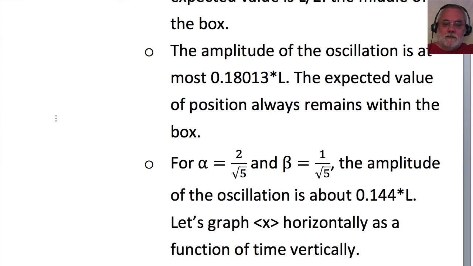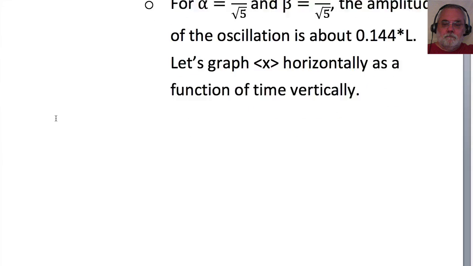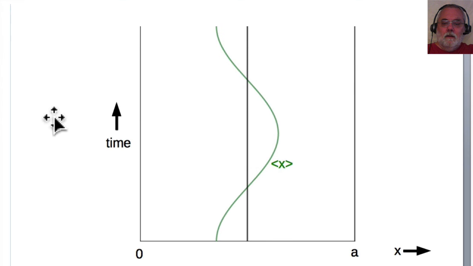Let's graph that as a function of time. So here's the box 0 to L, which is A in this graph. Here the vertical axis is time, and here what we're graphing is expectation value of x, which is a function of time. In fact, it's a periodic cosine wave oscillating around the center of the box.